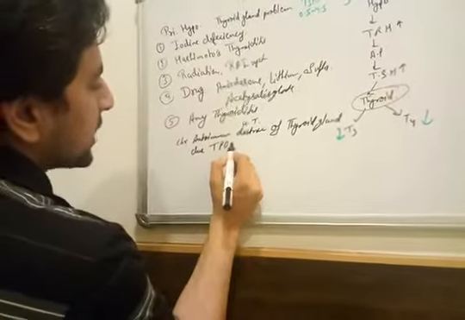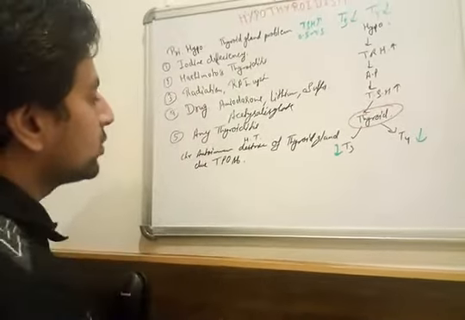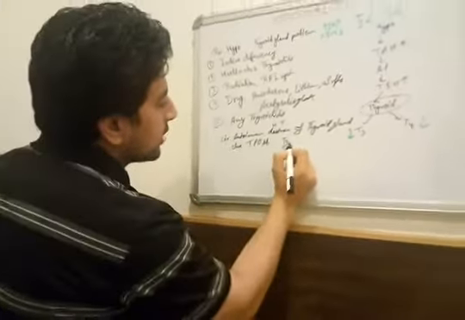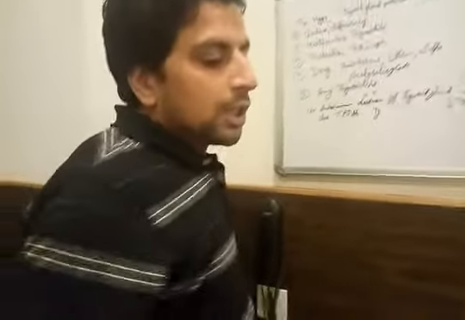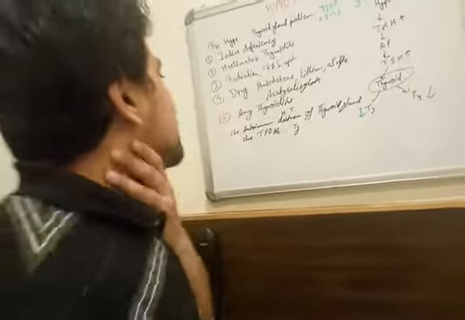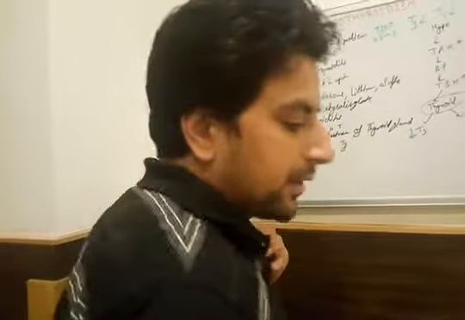Due to TPO antibodies, thyroid peroxidase antibodies, or due to TG, thyroglobulin antibodies. It destroys the thyroid gland in such a way.